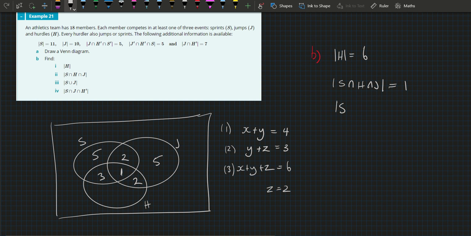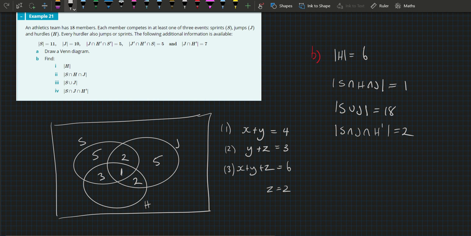So S union J is equal to 18. And the last one, the intersection of S and J, didn't we do that? Wasn't that one of the things they gave us, 2? Well, how did I get that at the start? Forget now. But they'll equal 2, intersection of S union J union not H equals 2.